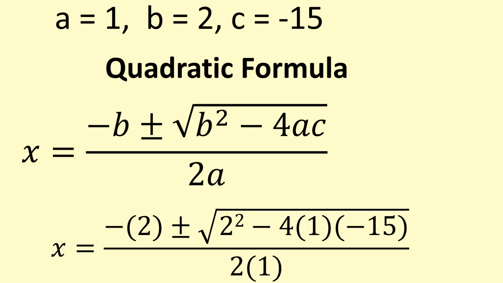B is 2, so it will be 2 squared minus 4ac. So it will now become minus 4 into bracket open 1, bracket close 1, and then into the bracket of minus 15, because minus 15 is c. Everything all over 2a, and our a is 1.